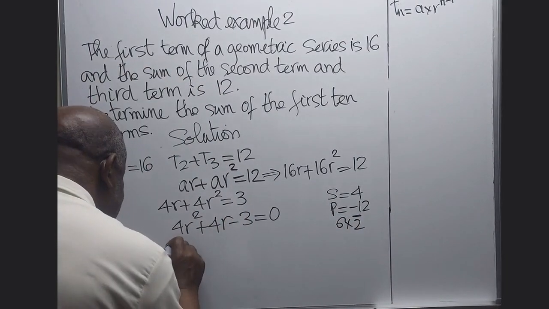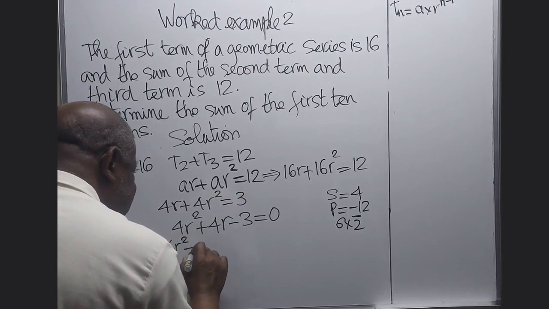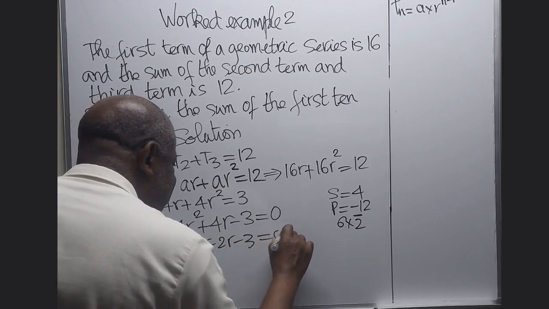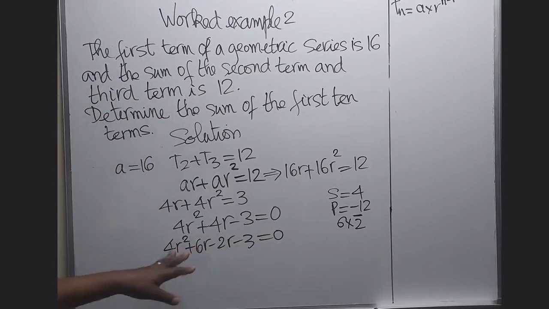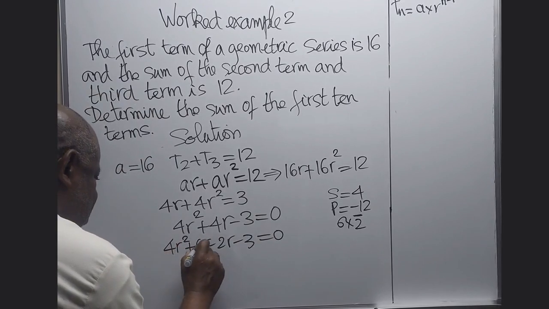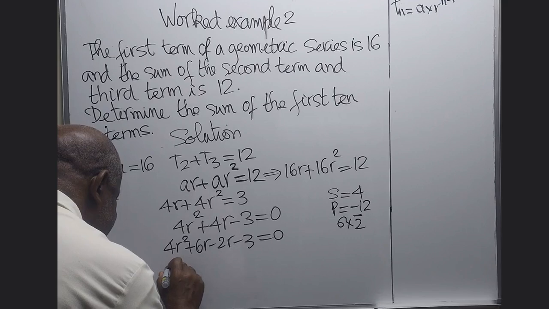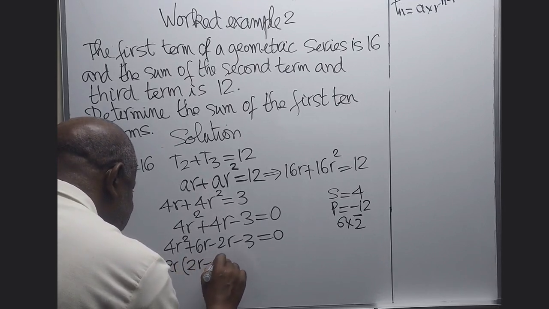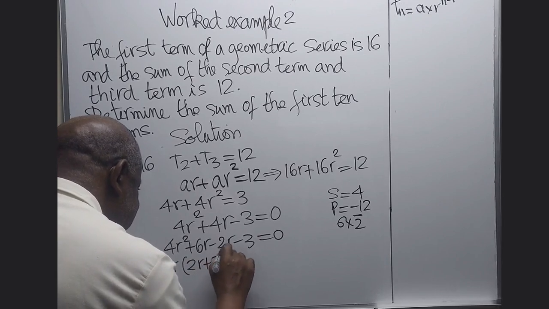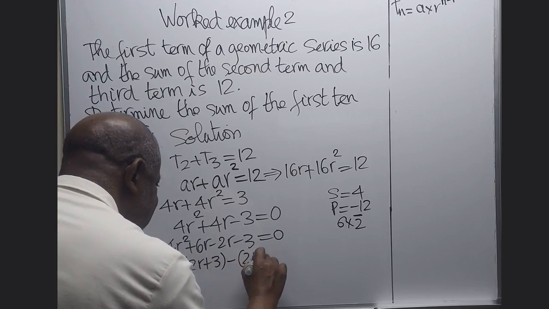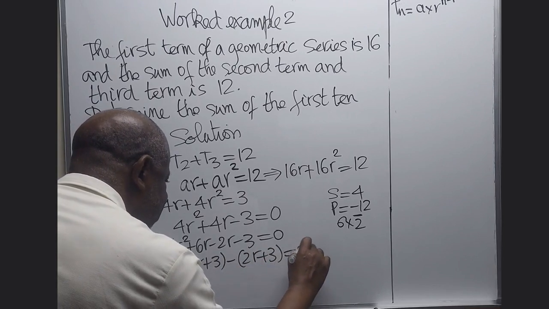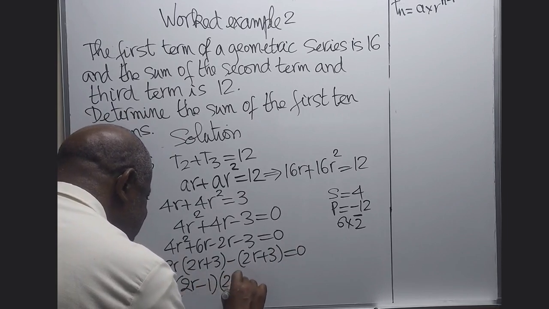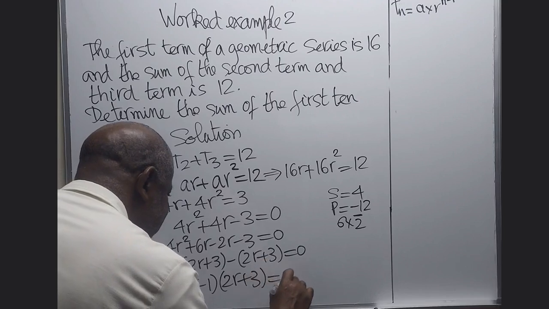Then factorizing, we have 4r squared plus 6r minus 2r minus 3 is equal to 0. We're going to group the first two here. Here we will factorize 2r, then we'll remain with 2r plus 3, minus 2r plus 3 is equal to 0. Then we end up getting 2r minus 1 times 2r plus 3 is equal to 0.